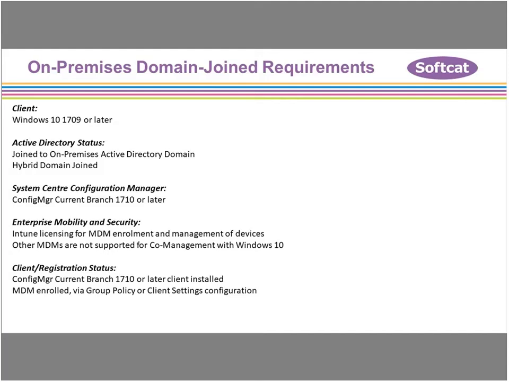From an Active Directory perspective, to get your estate into a Windows 10 core management ready state, you will need to ensure that you've got hybrid domain join configured. We will cover that a little later because the implementation steps associated with it can be relatively complex if you are using ADFS.